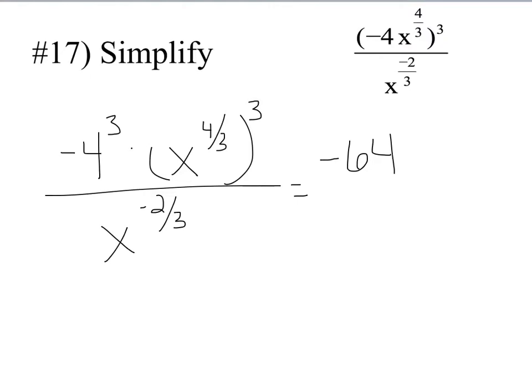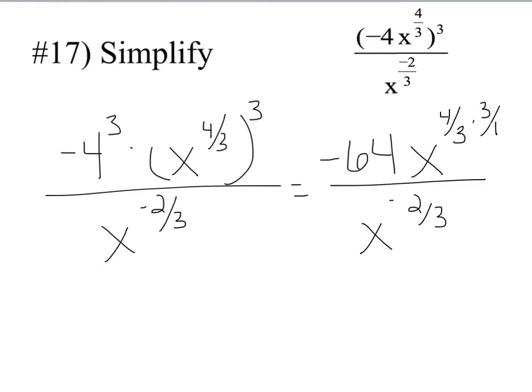And if you take a power to a power, which is 4/3 to the 3rd power, you multiply the exponents. So it's x to the 4/3 times 3, and we'll say times 3/1. All over x to the -2/3.